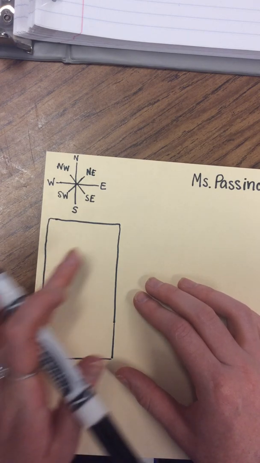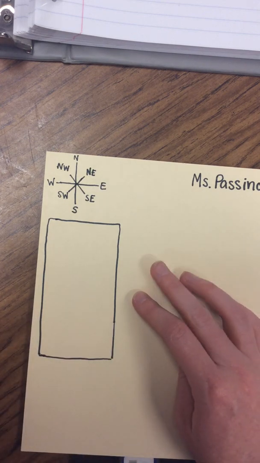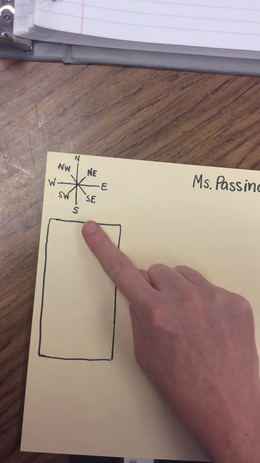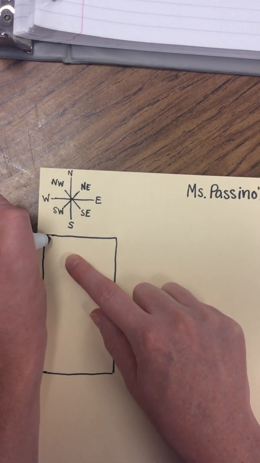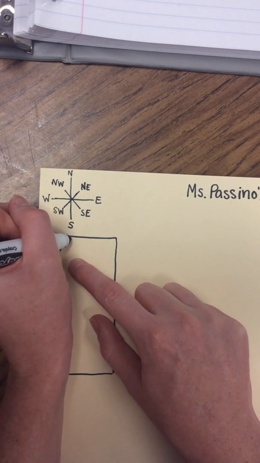You might like to trace something with a straight edge to help you keep this nice and neat. I'm going to label this box key / legend.